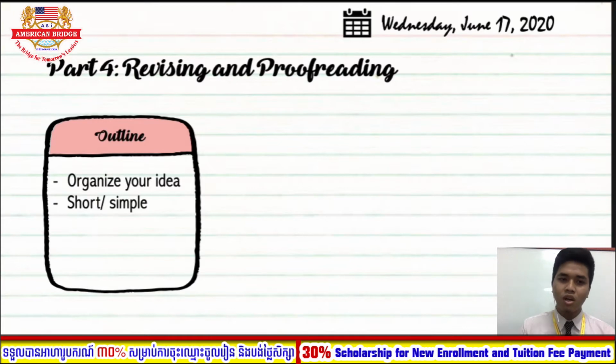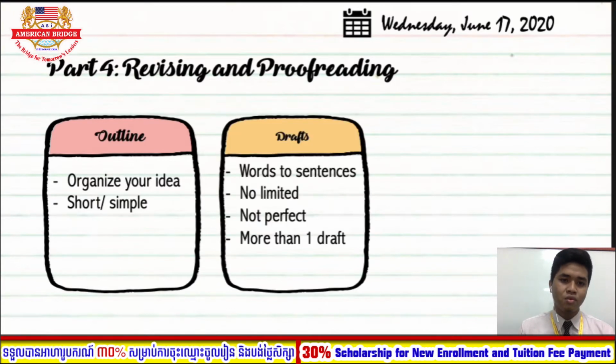When you have your outline, you start to develop your draft. In a draft, we transform the words into sentences, and you just start writing your paragraph, but it is not the final product of your writing because there is no limit. You can add more information, you can take out information, and you can change the order of your writing.